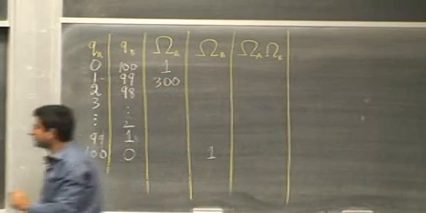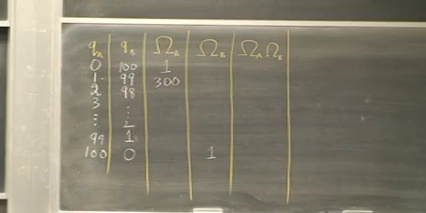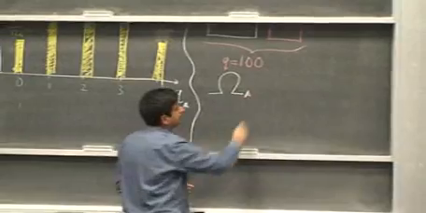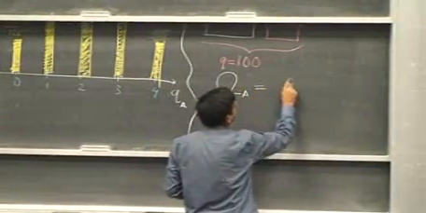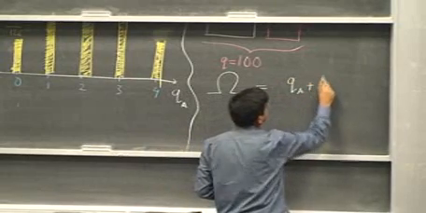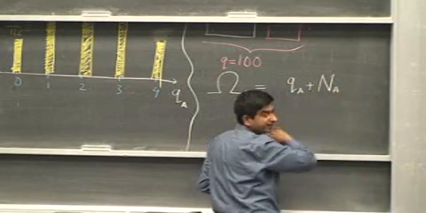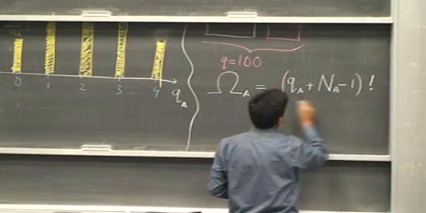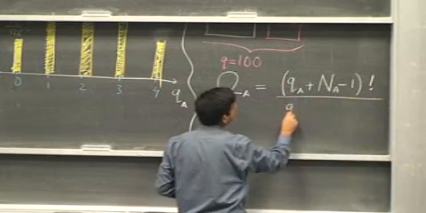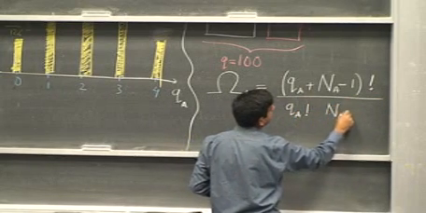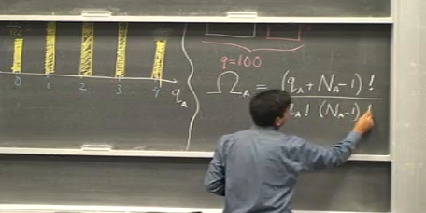But then it starts getting more complicated and these numbers start increasing. But I also showed you a formula the other day that we can use. If we would like to calculate omega A, this is equal to the number of quanta in A plus the number of oscillators in A minus 1 factorial, divided by QA factorial times NA minus 1 factorial.